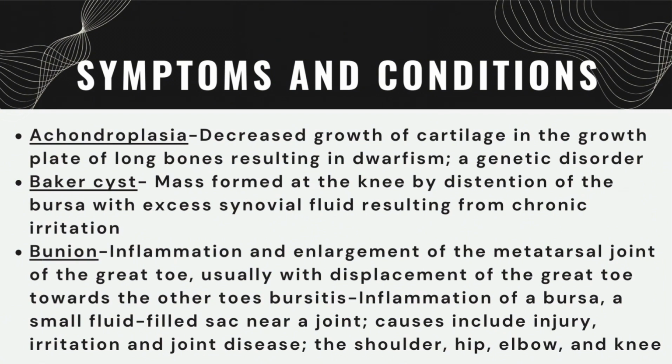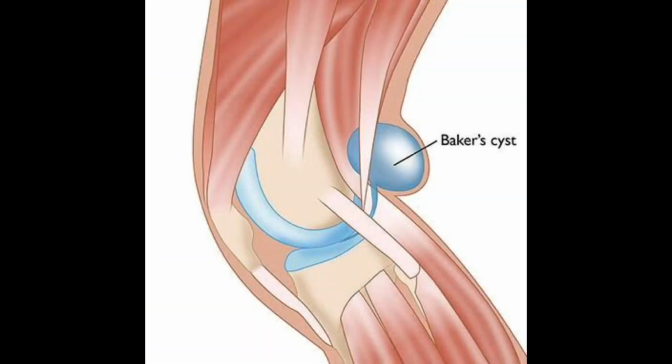Baker's cyst. Baker's cyst is a mass formed at the knee by distension of the bursa with excess synovial fluid resulting from chronic irritation. The primary symptom of a Baker's cyst is a visible swelling or lump at the back of the knee.